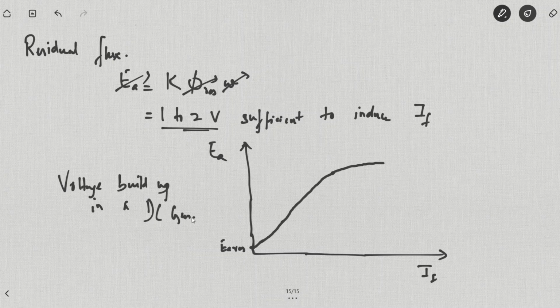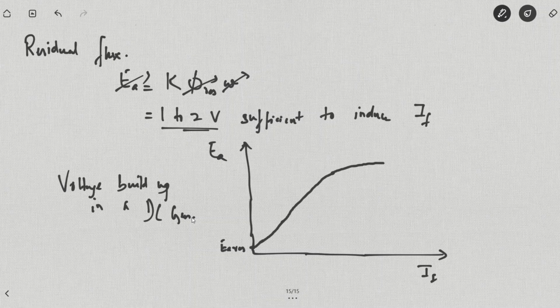What happens is that because there is no field, we should expect no voltage to be generated, because we only have a rotating device. We do not have any field, we do not have anything else to induce voltage in this machine.